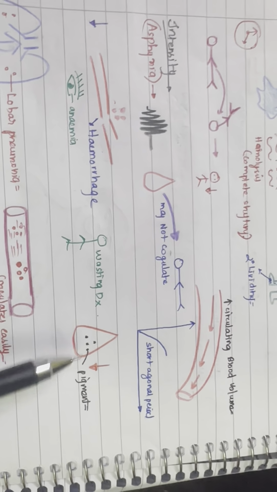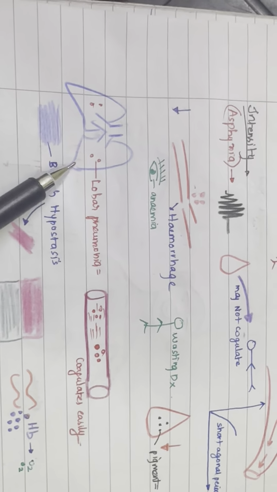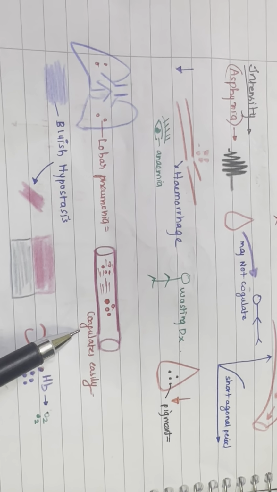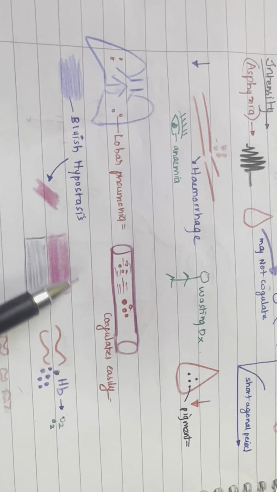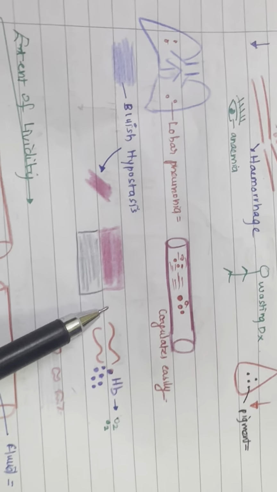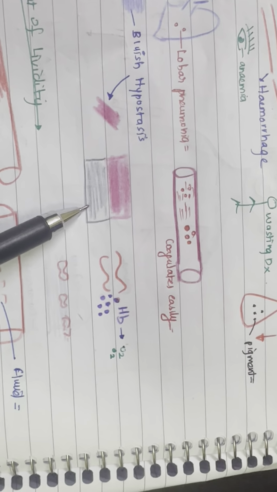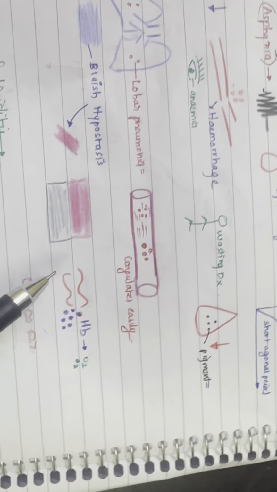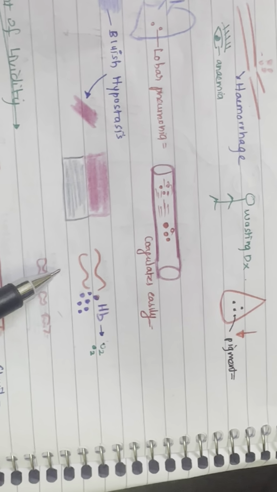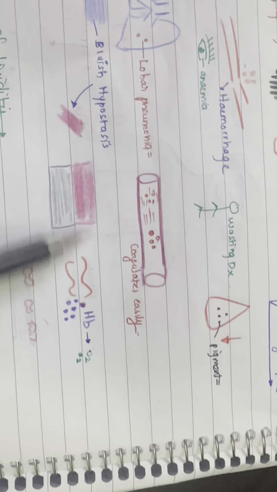It is less marked in death from lobar pneumonia and other conditions in which the blood coagulates easily. Sometimes a bluish hypostasis becomes pink along the upper part of the horizontal margin with the lower parts remaining dark. This is due to hemoglobin being oxygenated, where the erythrocytes are densely packed in the upper layer of hypostasis.